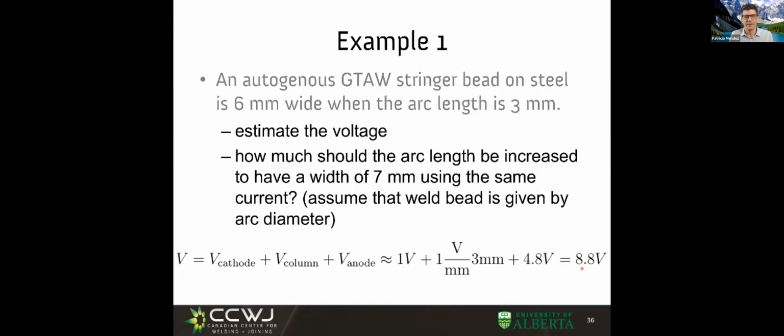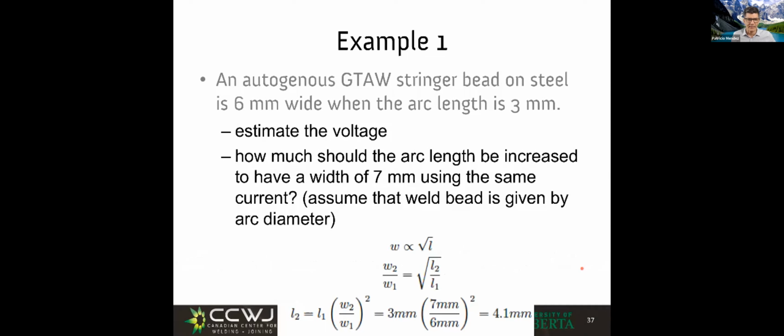No. But for example, recently I got a paper from China on variable polarity TIG welding, very advanced for aerospace. The guys do all these experiments and say, this is the voltage we measure. And it's pretty much dead on what I can calculate with the numbers you're getting from this class. I'm happy with that. All right.